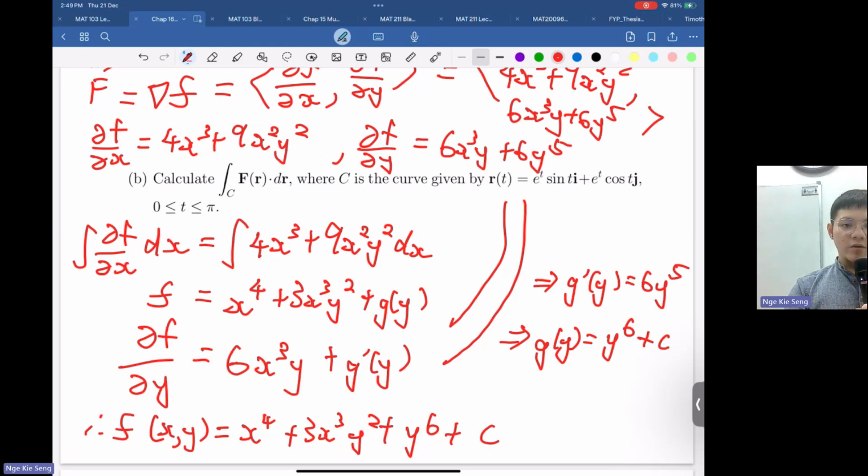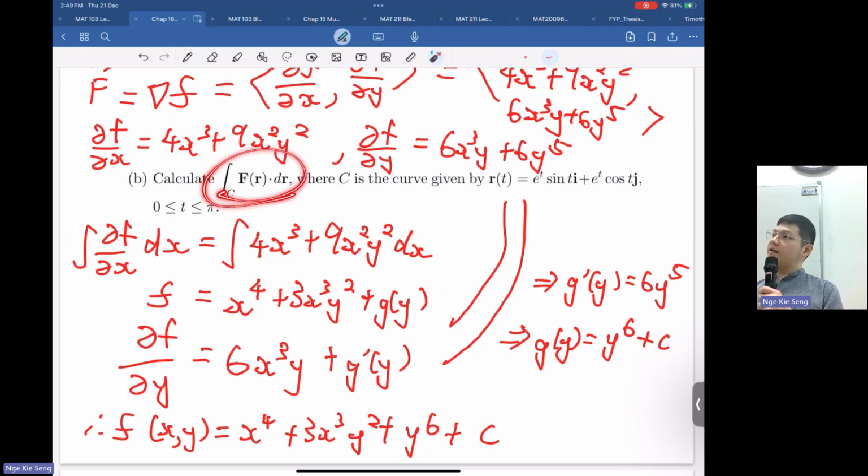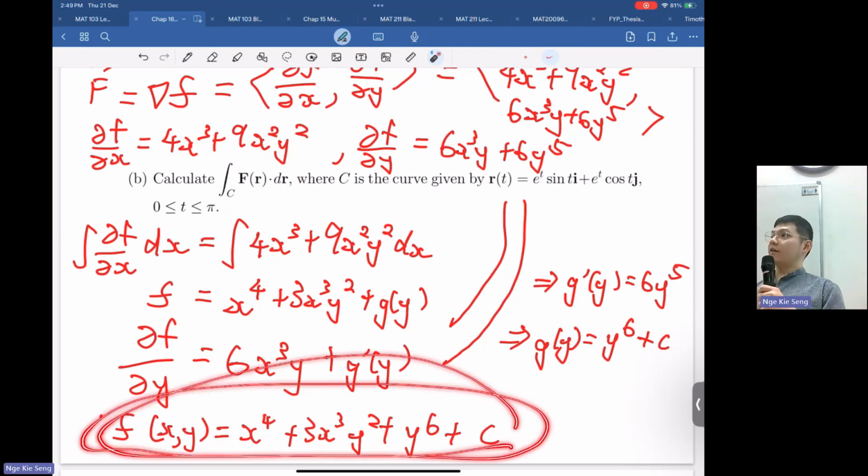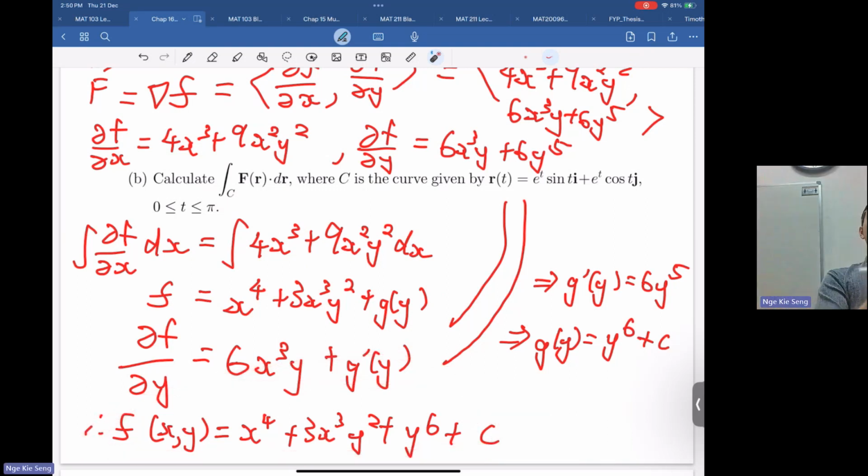All right. So if you have shown that this is a conservative vector field, then it is easy to compute the work done. You can use the FTC to compute. Apply FTC on this potential function here. So this constant doesn't affect your computation, right? At the endpoint, you have C, minus the C at your starting point.